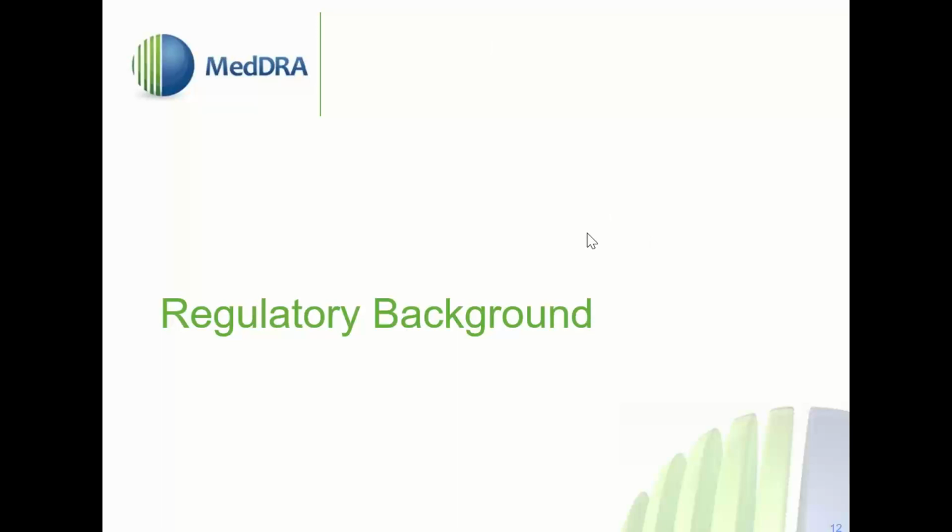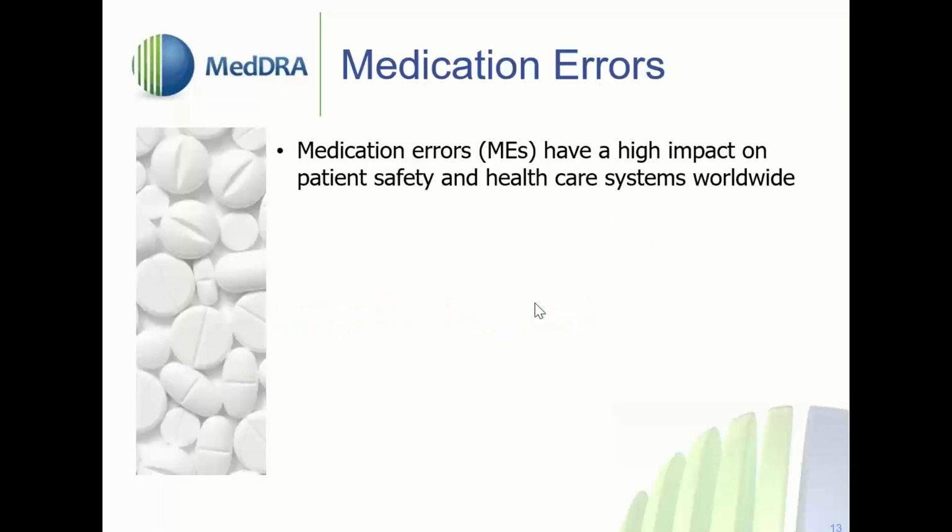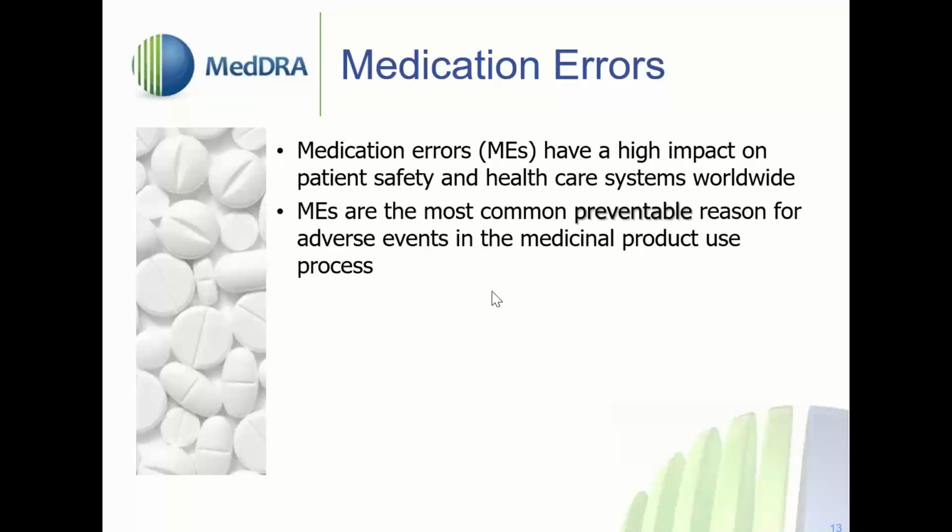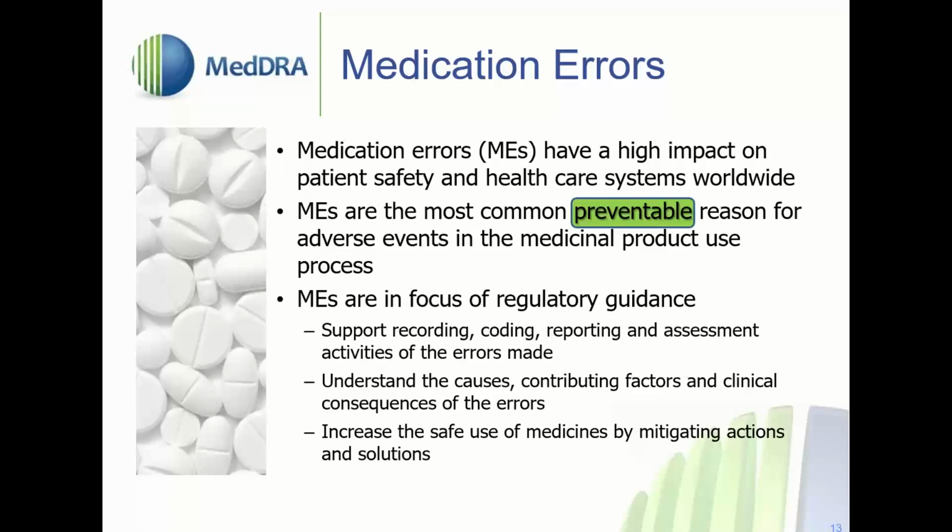As you could see from the examples I gave, there are lots of reasons why medication errors can occur. Medication errors are a critical, important problem in healthcare, and they are not only of great importance for the patients concerned, but also have a huge impact on healthcare costs. They represent the most frequent preventable reason for adverse events in the use of medicinal products, and since they are preventable, they are in focus of the regulatory authorities.